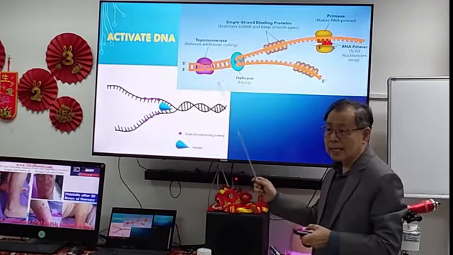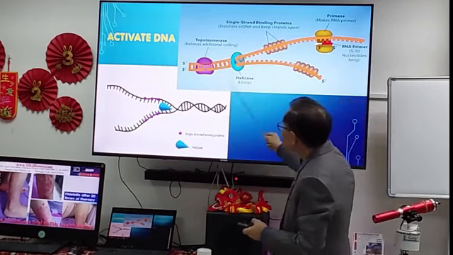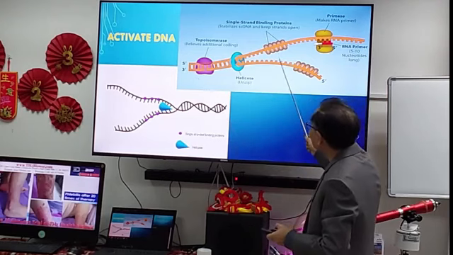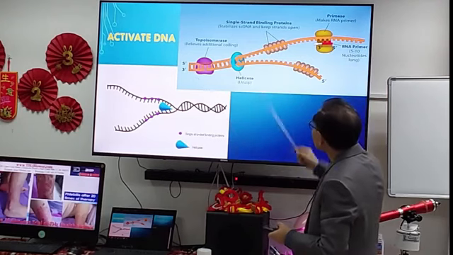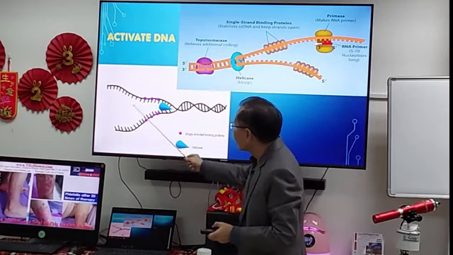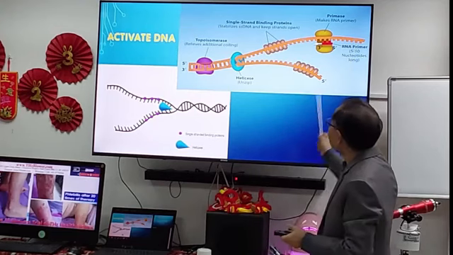The other thing is that it can have an activity on DNA. As you know, DNA is in two strands held together by bonds. Okay, as you see, these are hydrogen bonds. Terahertz is able to unzip it. So when you unzip, the DNA becomes active.